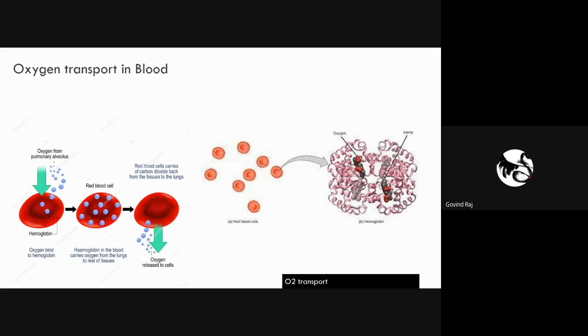That facilitates the binding of an additional 3 oxygen molecules onto the hemoglobin, and thus the fully oxygenated hemoglobin transports the oxygen to the tissues.